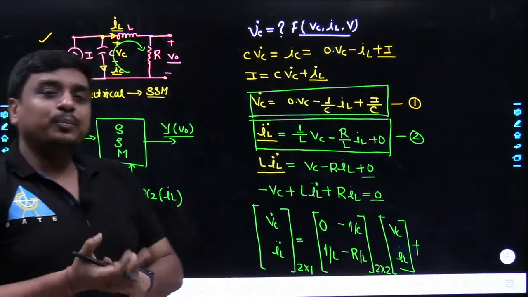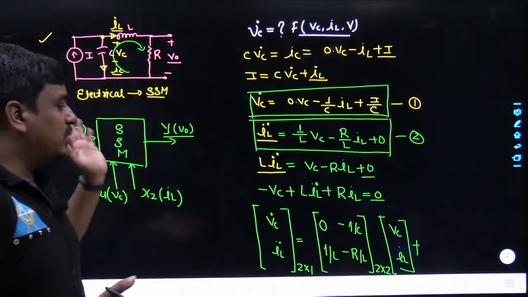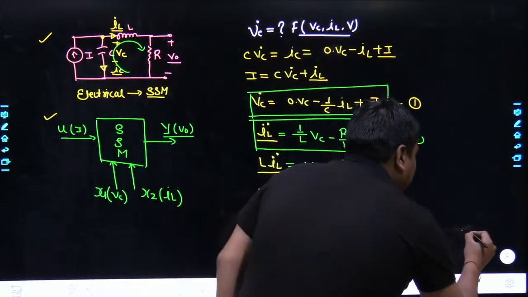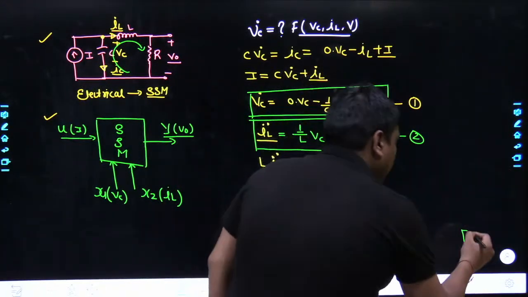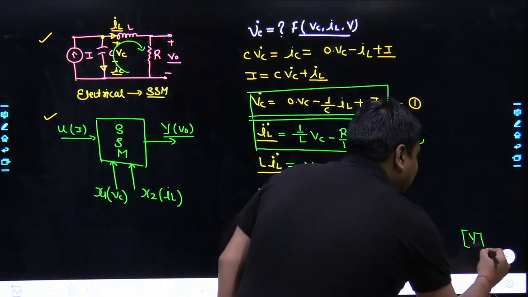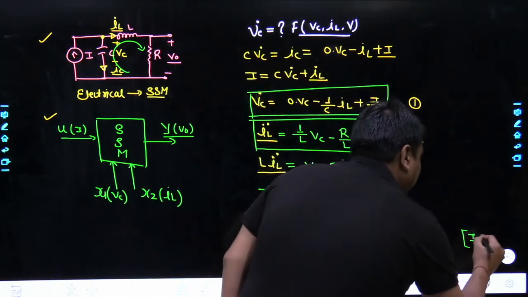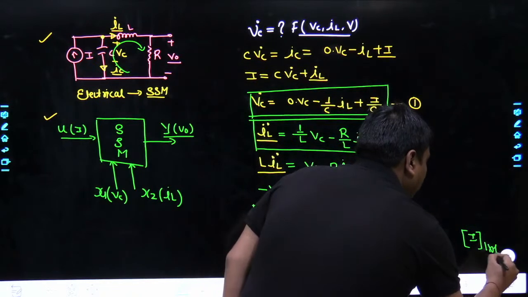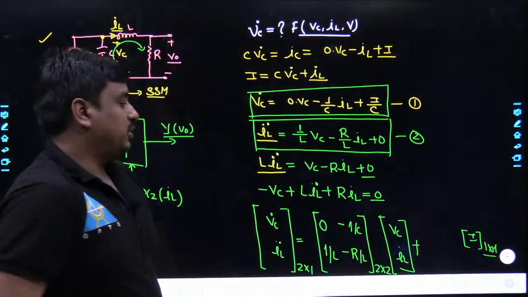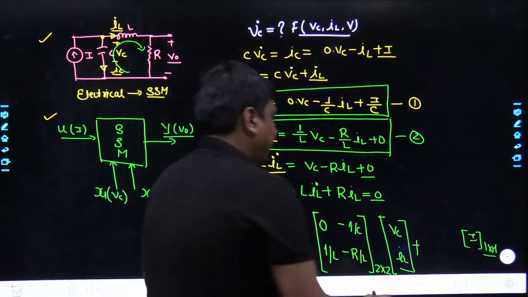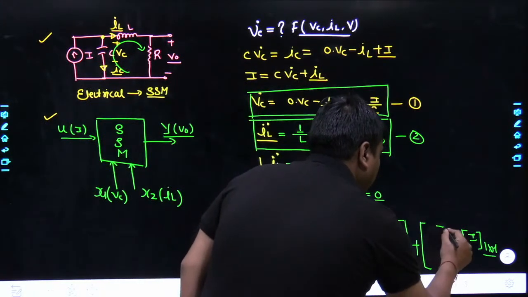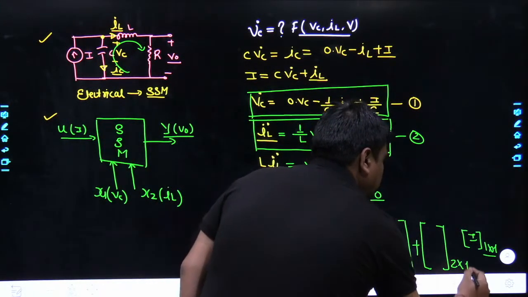How many inputs do we have? You can see very well, only one input we had. So obviously the matrix U would be 1 cross 1, where the U is nothing but I itself. So here comes I within order of 1 cross 1. So may I know what would be the structure of matrix B? It would be of order 2 cross 1. Yes.